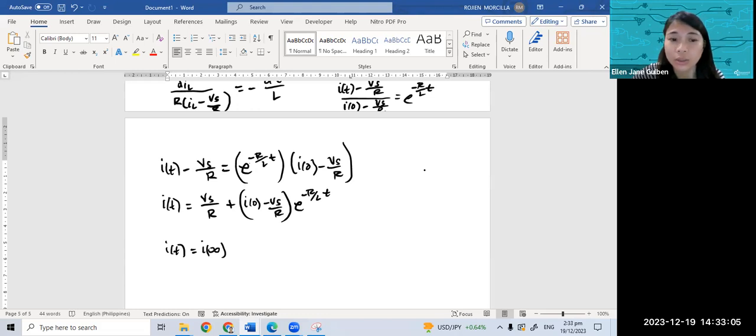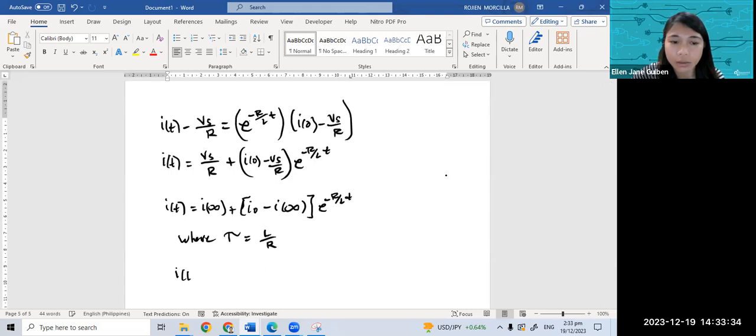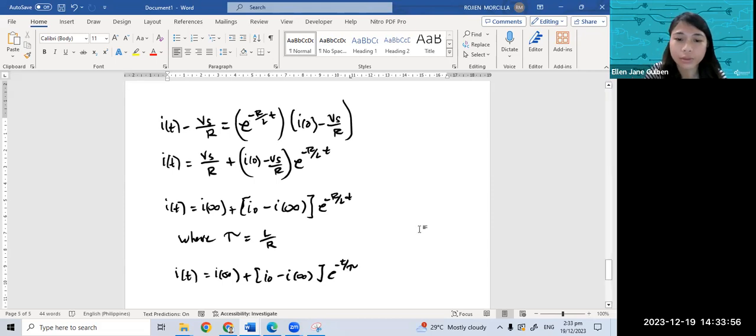So this one is your inductor current: plus the initial value of your current minus I at infinity, times e to the negative R over L t, where tau is equal to L over R. Meaning, you get I of t equals I infinity plus I0 minus I infinity times e to the negative t over tau.